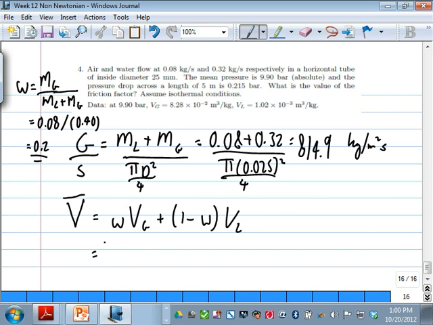So this one, VG given, VL given, so you can work this out. It's not a lot of air, 20% air.